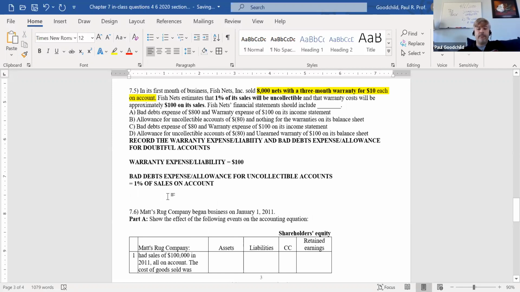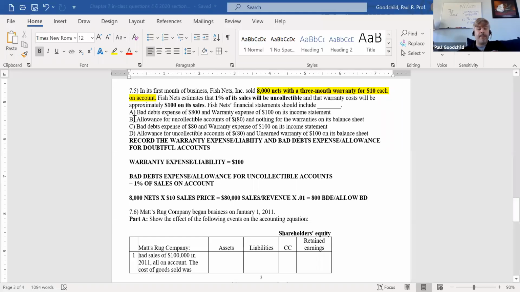And so we have 8,000 nets times $10 sales price equals 80,000 in sales revenue. So we multiply that by 0.01 and that gives us $800 for bad debt expense or allowance for bad debts.